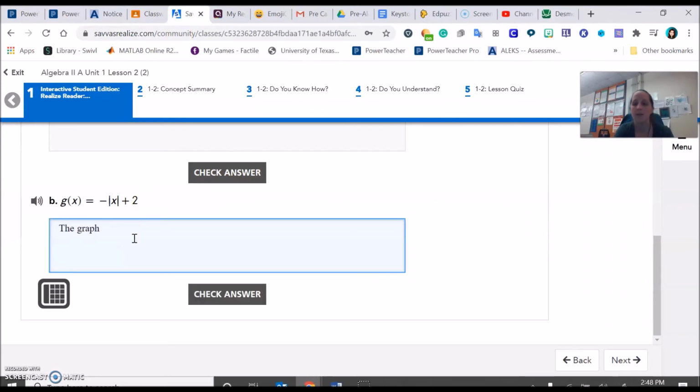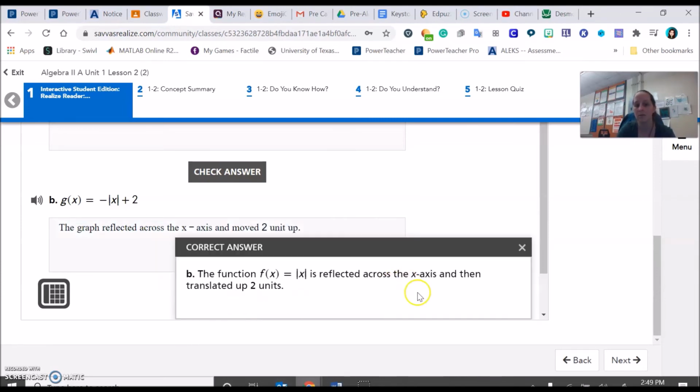So the graph reflected across the x-axis and moved 2 units up. Okay, translated 2 units up.